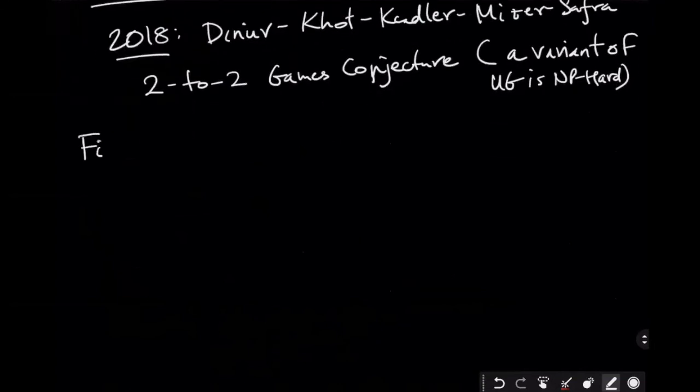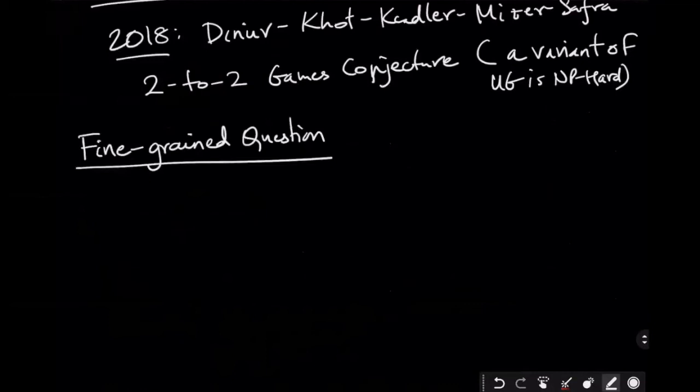But going back, we can ask a more fine-grained question than the one we studied. Right now what we did is we said for all possible values of rho, we get this expression arc cosine rho over 1 minus rho.